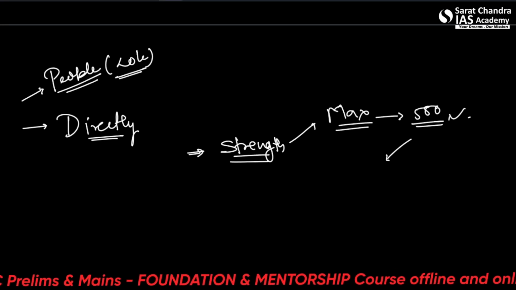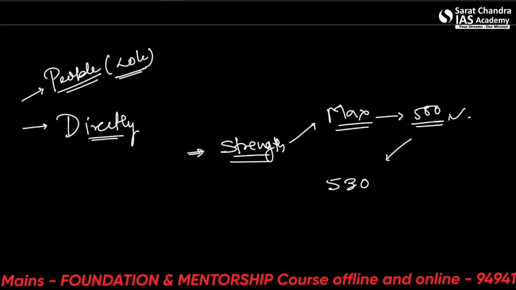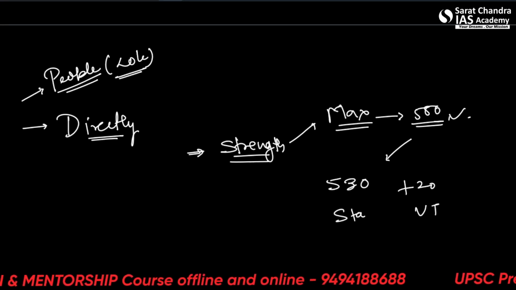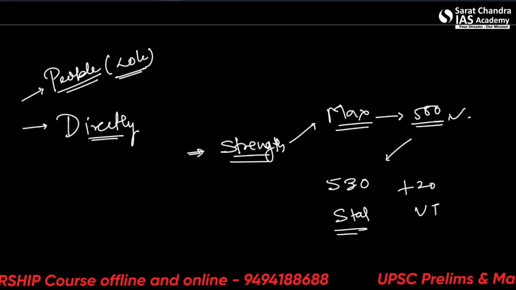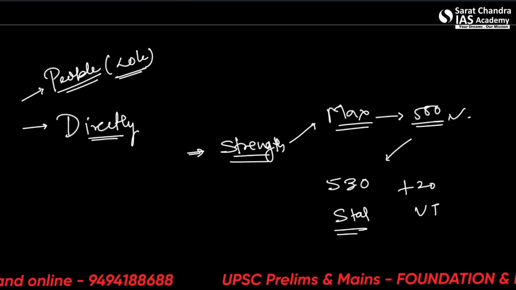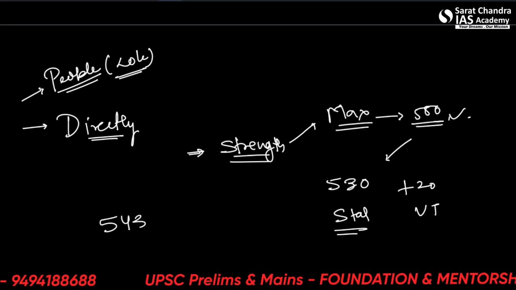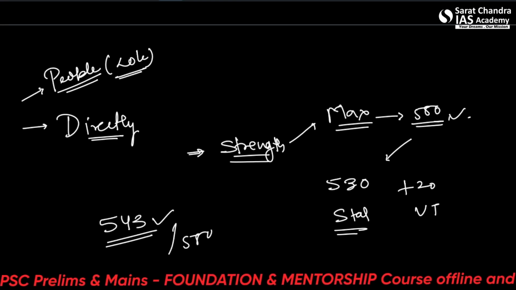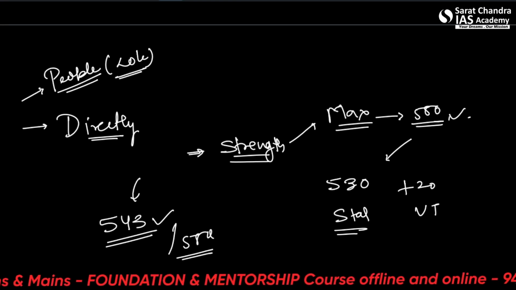That is the division: 530 plus 20. At present, the Lok Sabha has 543 seats filled out of 550. So this is the current strength of the Lok Sabha.